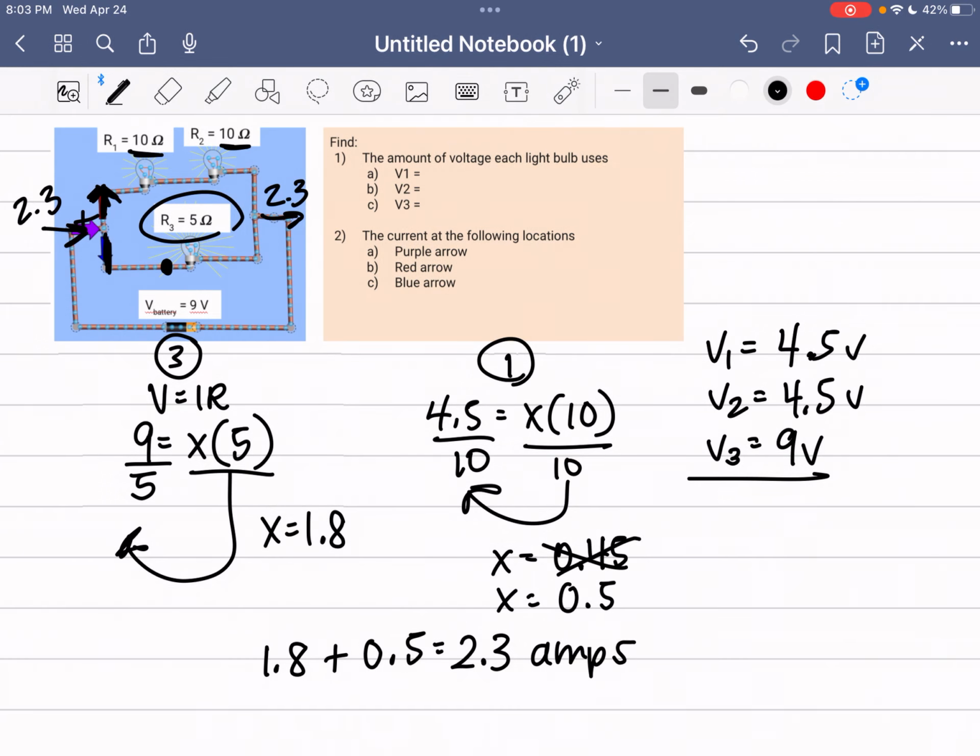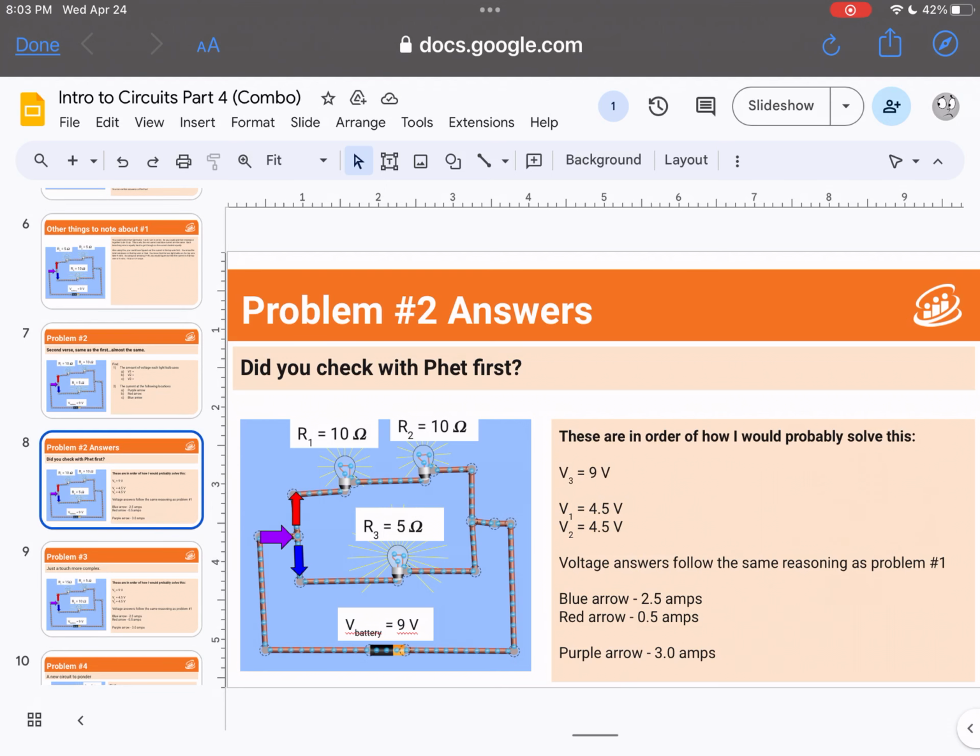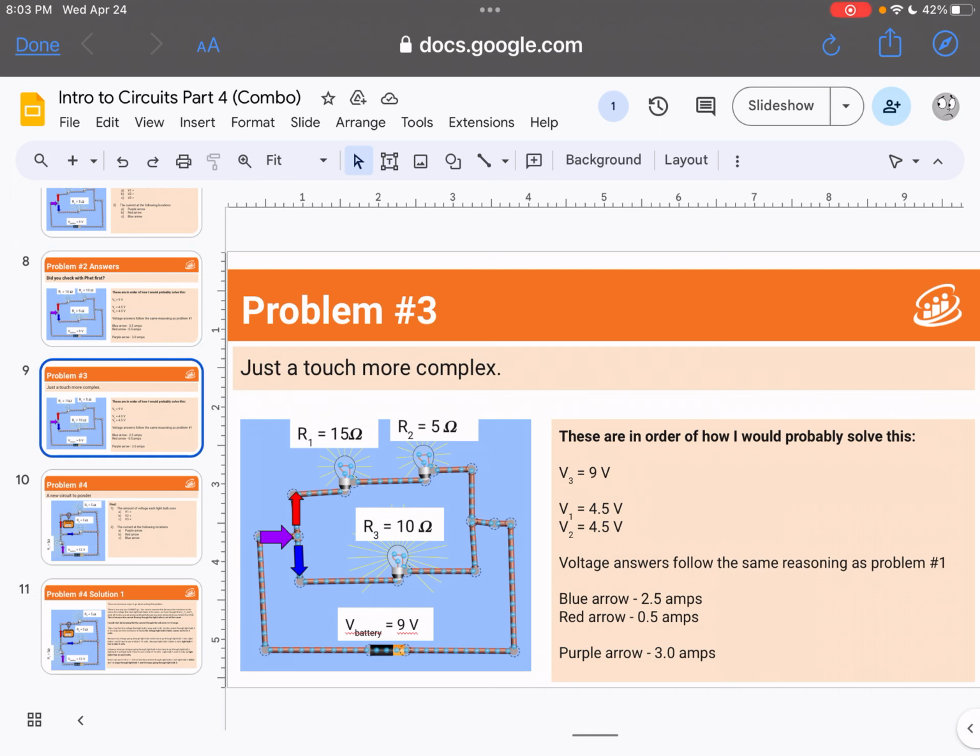Should we keep going? I would love it if this loaded. Okay.